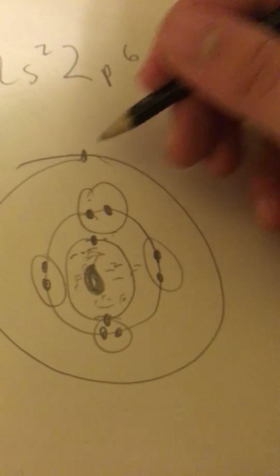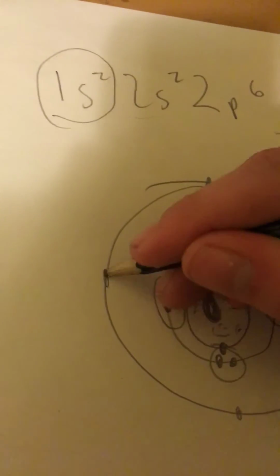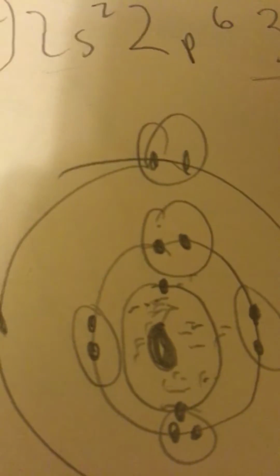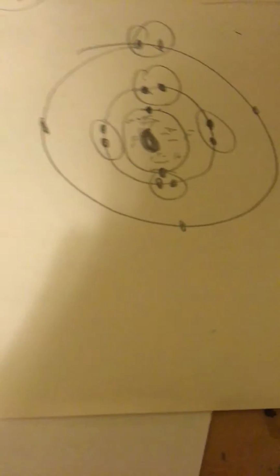So 3s2, 1, 2, and then we got 1, 2, 3. So here's 1 completed orbital. And remember, we have 3 sublevels in the third energy level, for a grand total of 1, 2, 3, 4, 5, 6, 7, 8, 9 orbitals, and this is the only complete orbital we got.